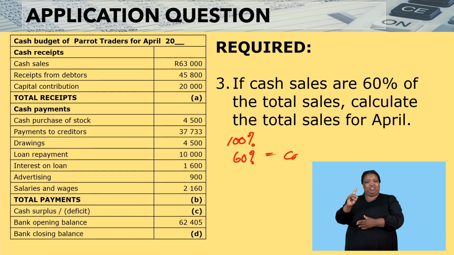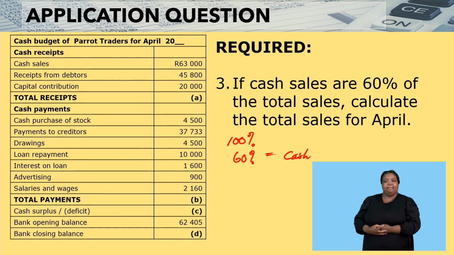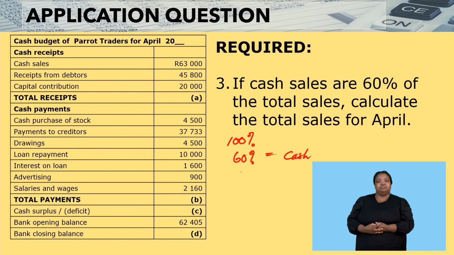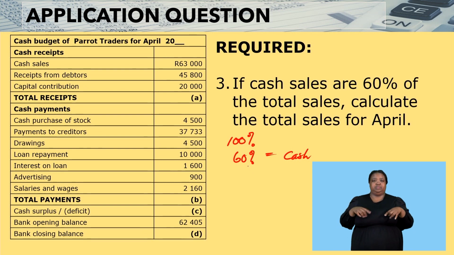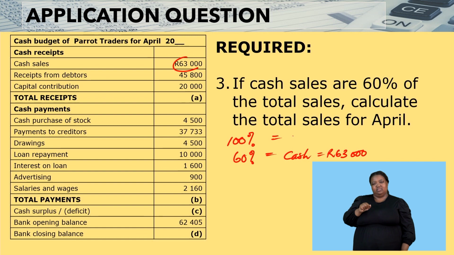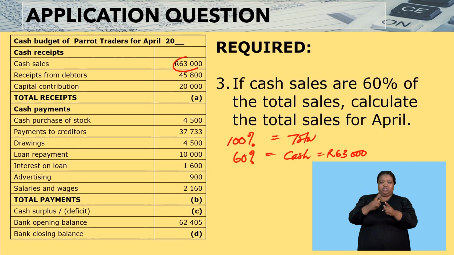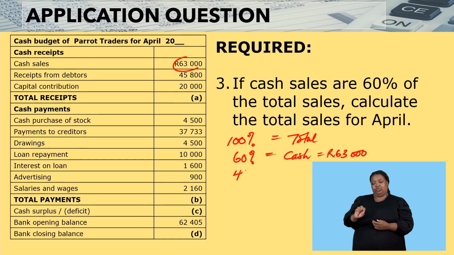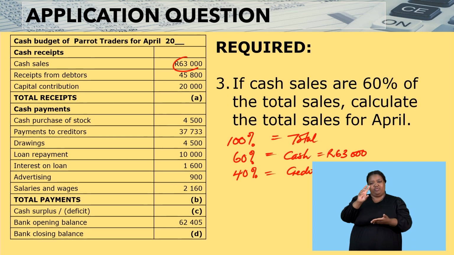Therefore, we are given cash sales, which is 63,000, and we want the total sales. We know that the 40% that remains is going to be credit sales, but we want the 100%.